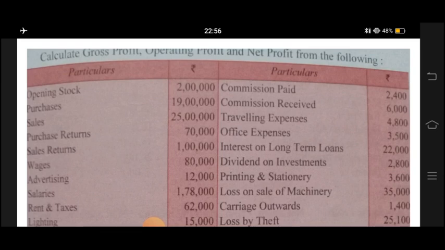So, in the preparation sequence, first of all we will calculate the gross profit, as it will be prepared as per the rule and format of the trading account. Later on we will calculate the value of operating profit, and ultimately the value of net profit.